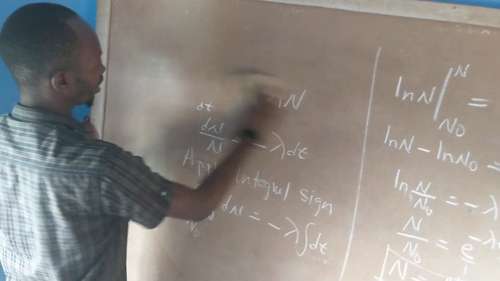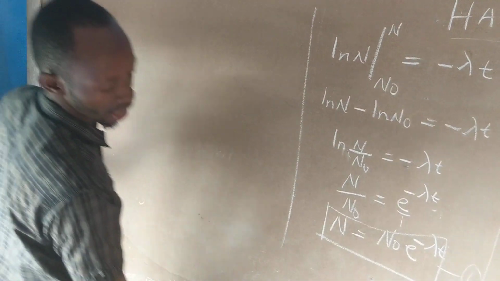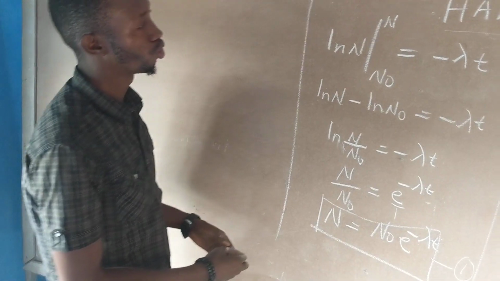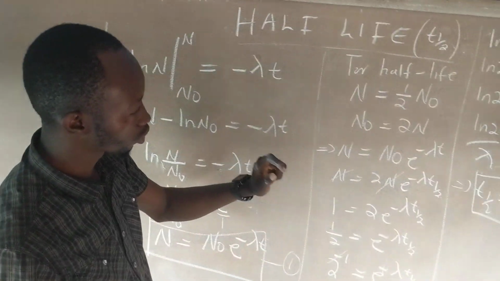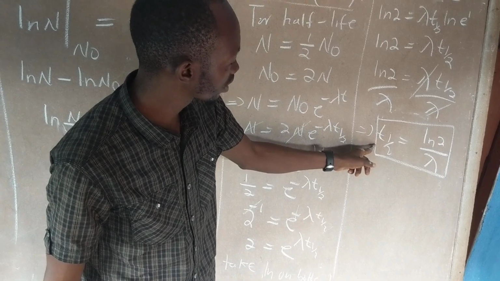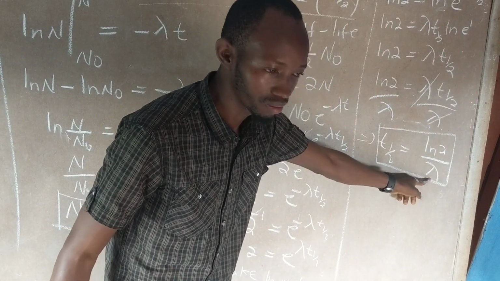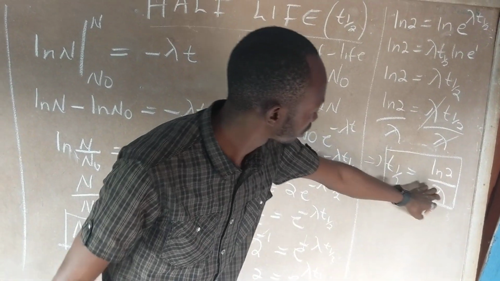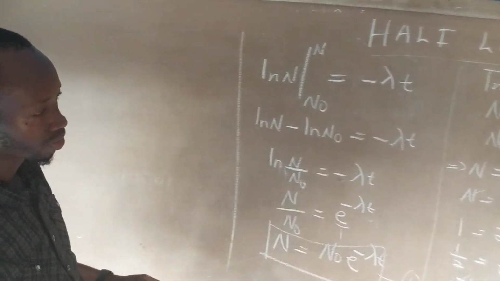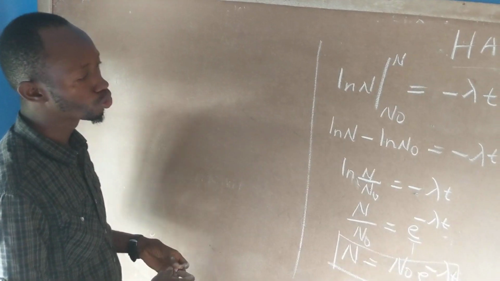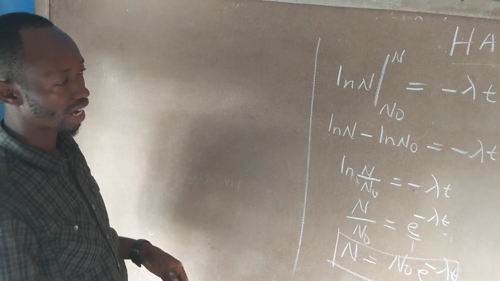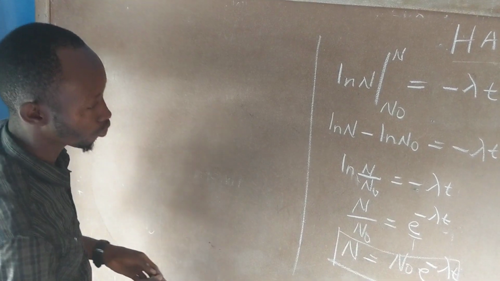So if we move on to proceed to have another relation we have to find, here we have to take note that this T half is in relation to the decay constant. How half-life is related to decay constant lambda. So we are looking for another simple way of using half-life in calculation problems or formulas.